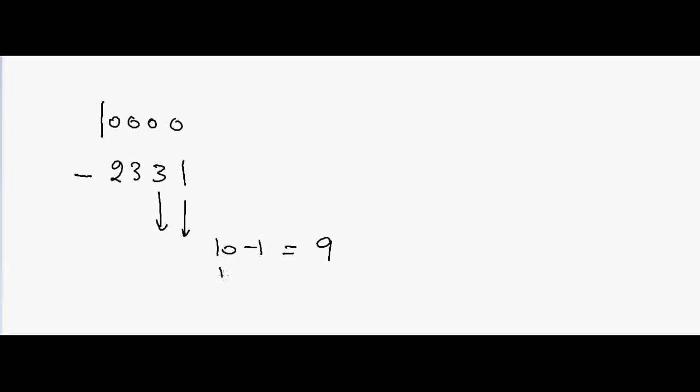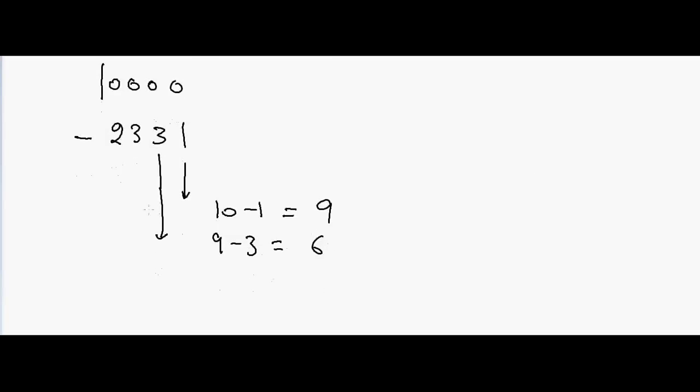The same thing can be done for larger numbers. So suppose I have 10000 and want to subtract 2331 from it. In that case what I'll do is first I take the 1, so 10 minus 1 is equal to 9, and I take the 3, so 9 minus 3 is equal to 6.